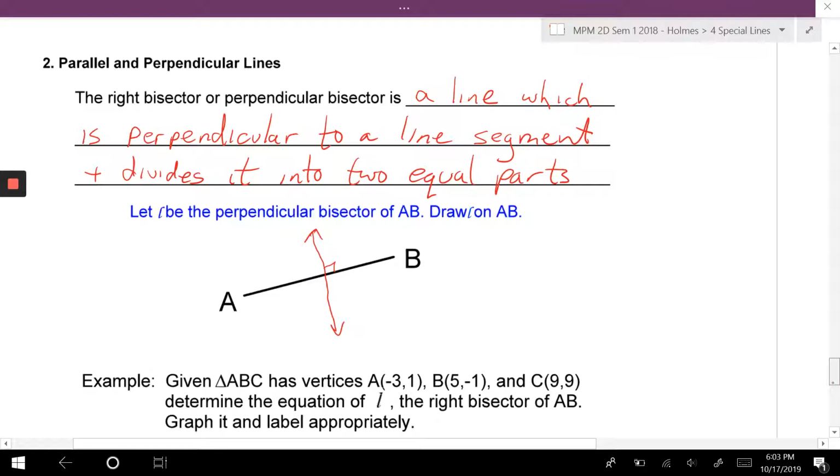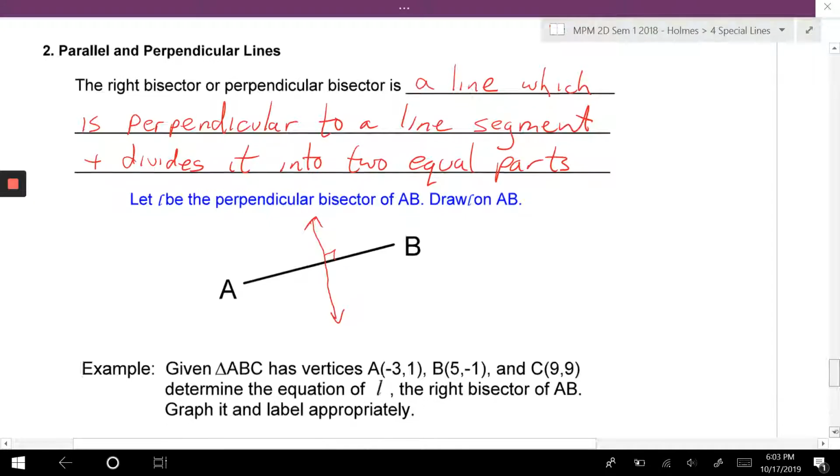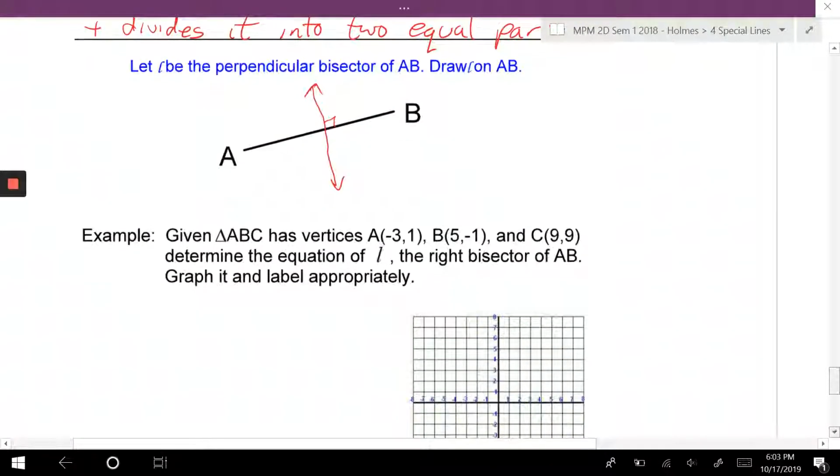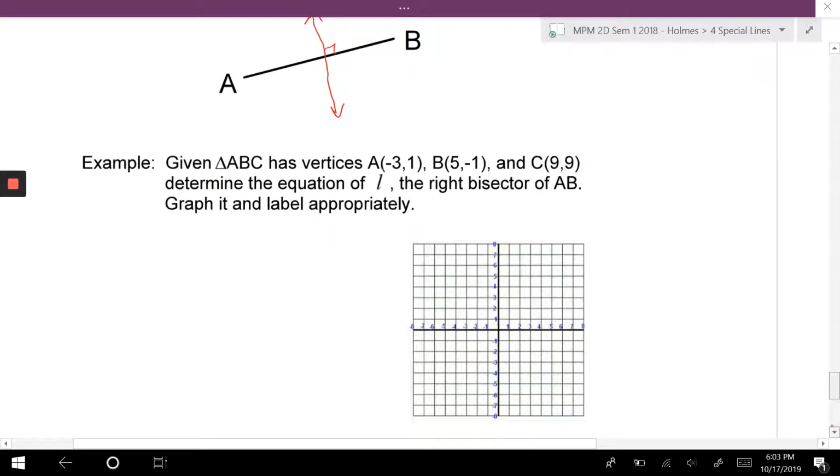All right, so how are we going to be able to solve questions like that? In this case, we're given triangle ABC with vertices A (-3, 1), B (5, -1), and C (9, 9).